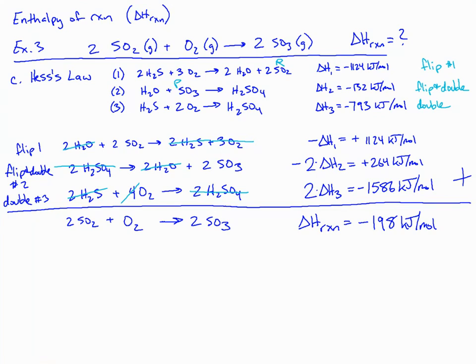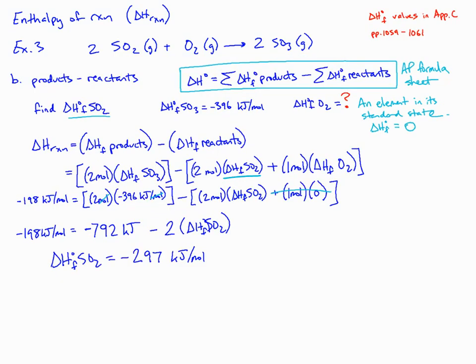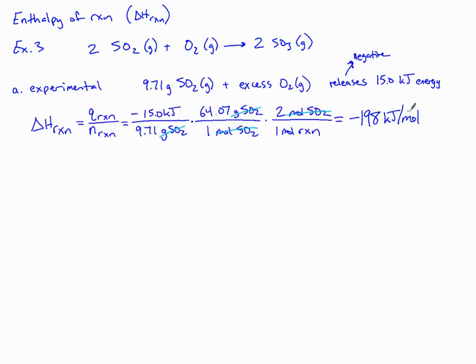Once you get to try this out, it gets a little bit easier. Take a look at this. We can double check our work here. According to Hess's law, our delta H of reaction is negative 198. According to our experimental value in part A, our delta H of reaction was negative 198. And so it looks good.